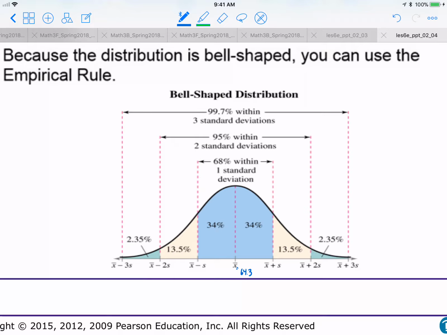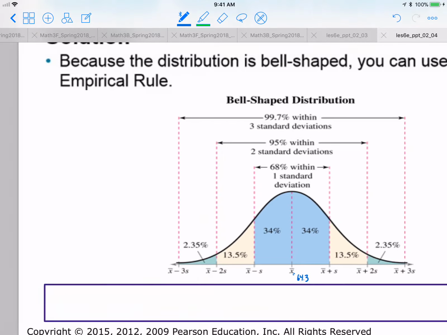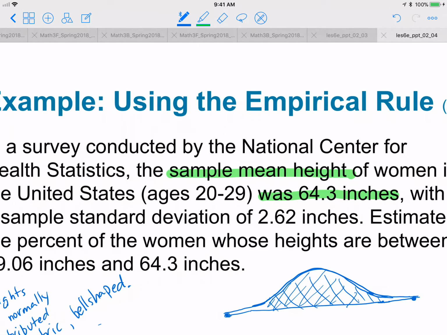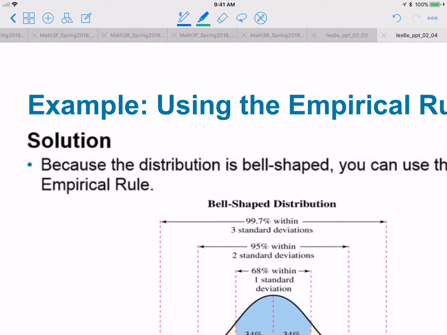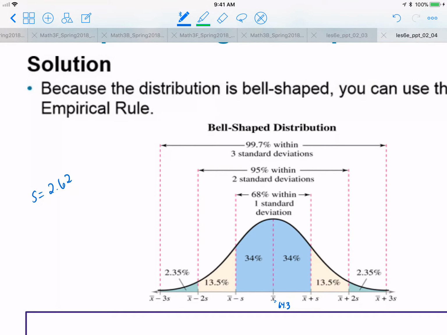We need this other piece of information: a sample standard deviation of 2.62. Okay? So s is equal to 2.62, and x bar is equal to 64.3 inches. And s is 2.62 inches.